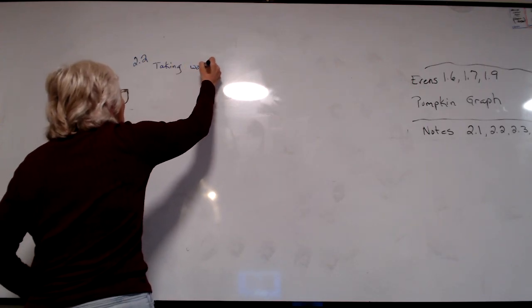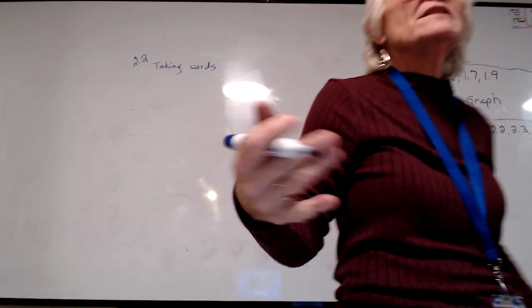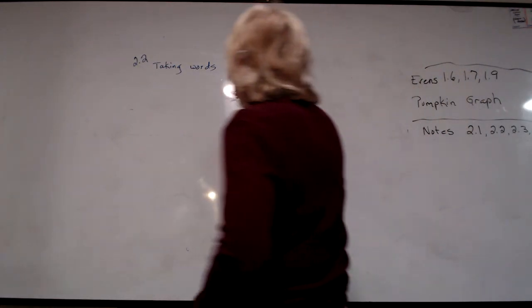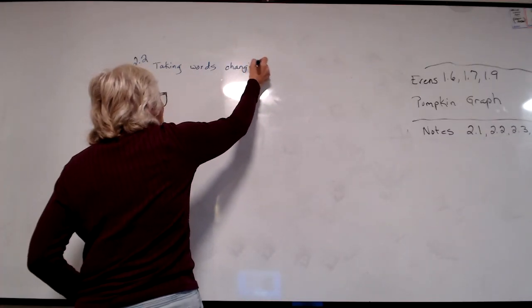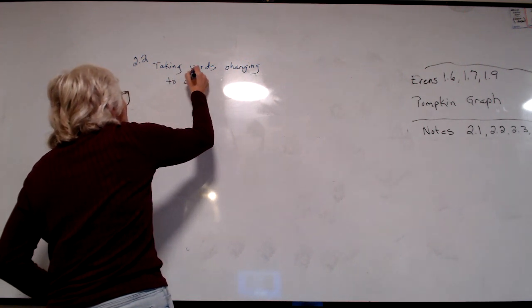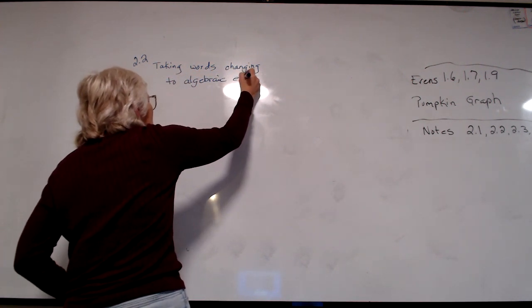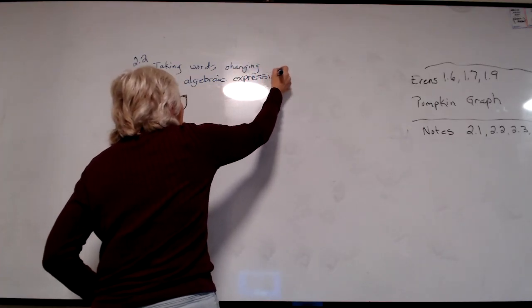This is kind of, if we're saying something in words, how do I write that down in algebraic terms? That's really what it's saying. Changing to algebraic expressions. Okay, so we need to know what an algebraic expression is.